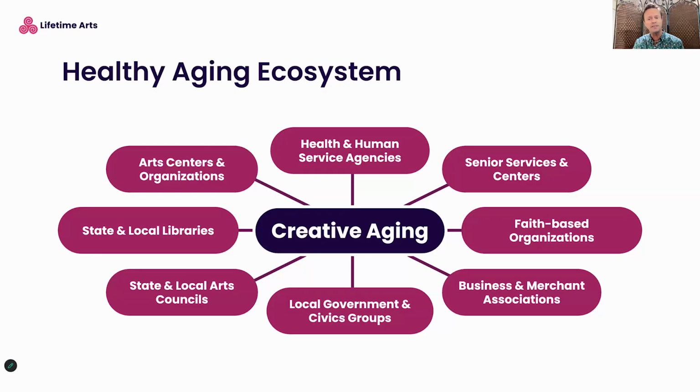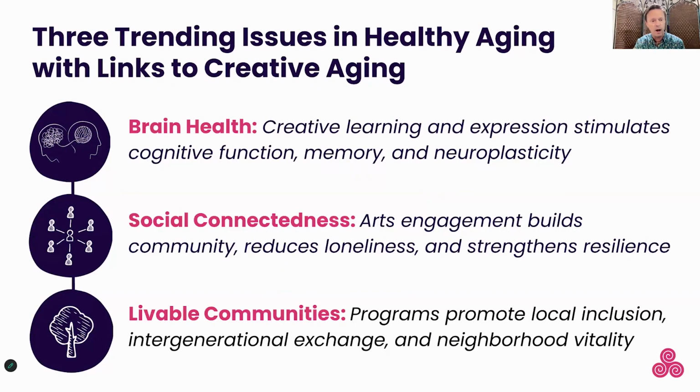In fact, Lifetime Arts has been developing a policy brief over this past year, connecting creative aging to three trending areas in healthy aging: brain health, social connectedness, and livable communities. As these themes are getting more attention across aging and health sectors, they can help to strengthen advocacy, partnerships, and funding.